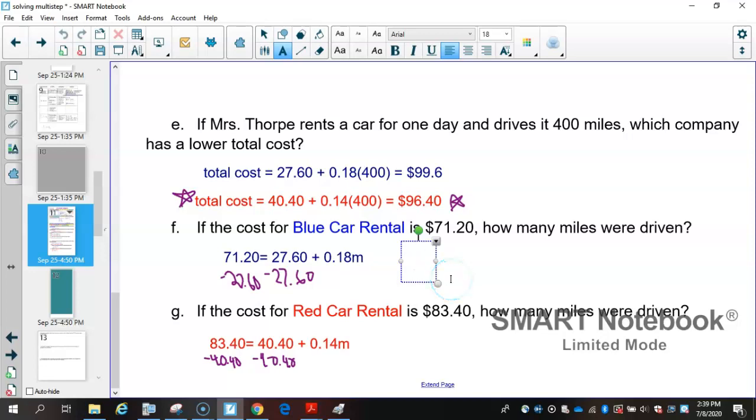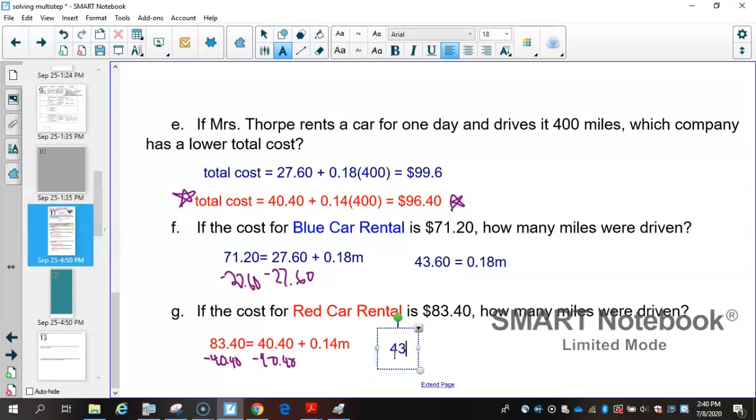Alright, so here we have left $43.60 equals 0.18, or 18 cents, times M. And then here we have $43.